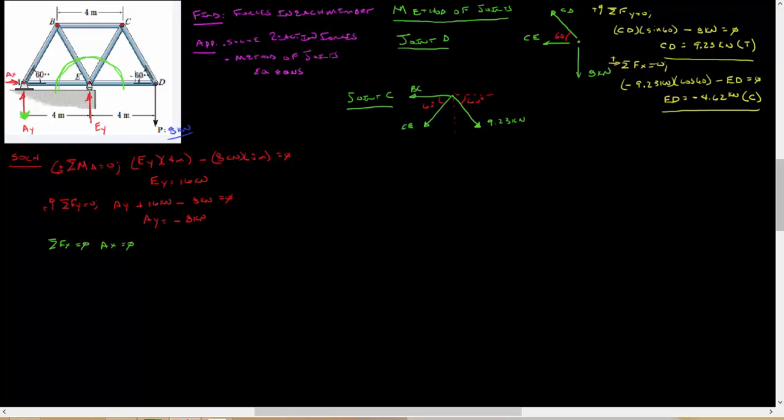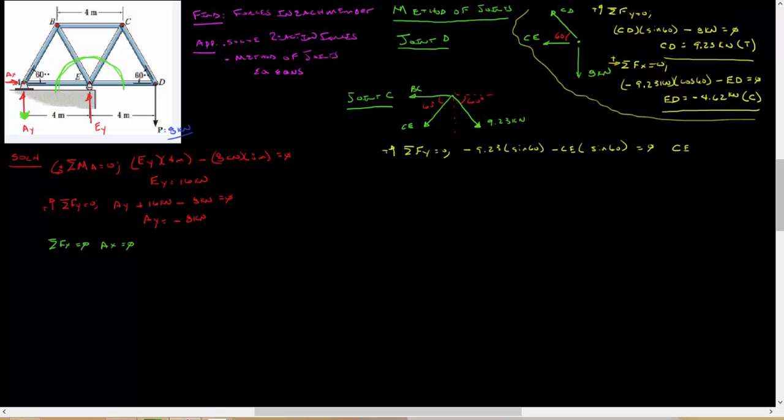So if I sum my forces in the y, I get negative 9.23 times the sine of 60 minus CE times the sine of 60 is all equal to 0.